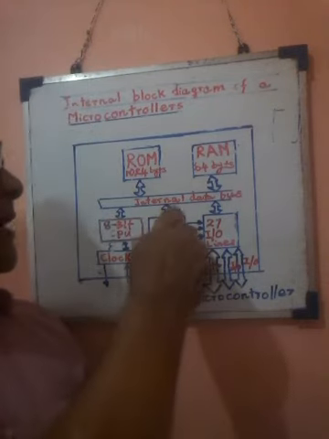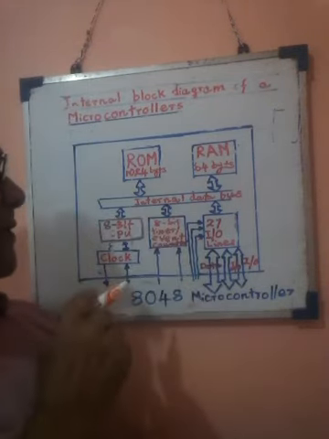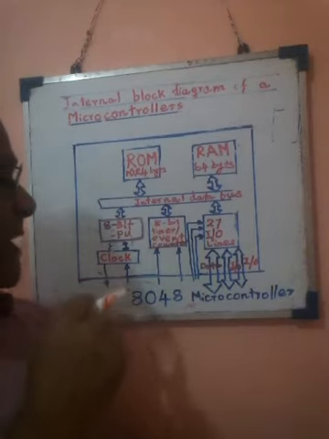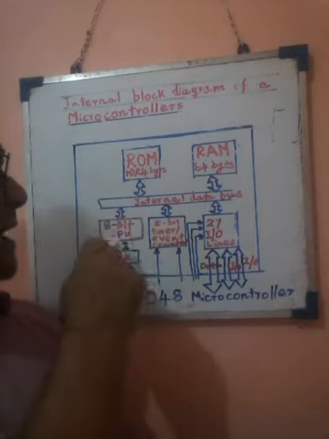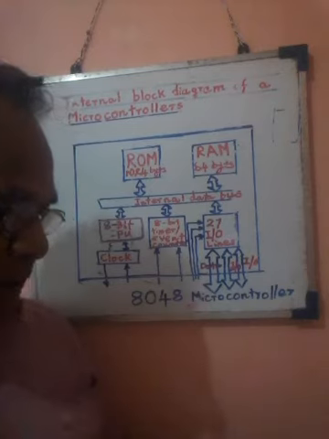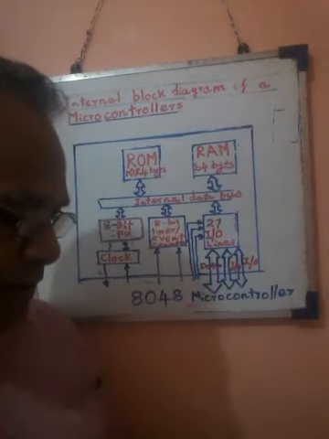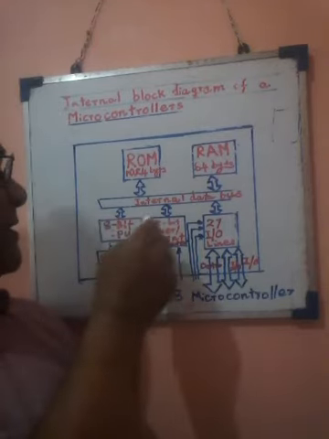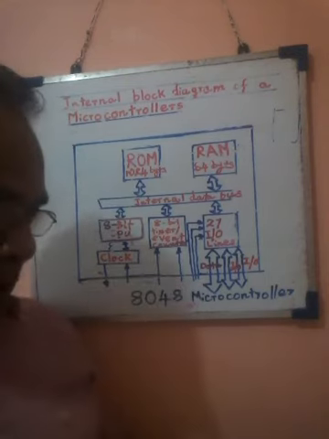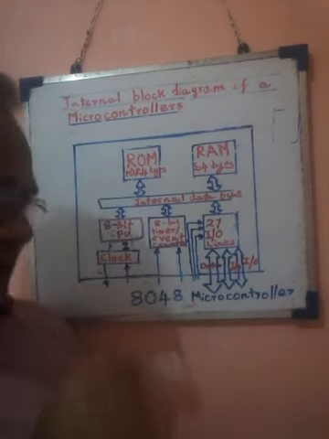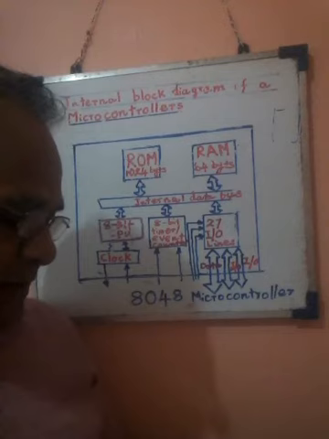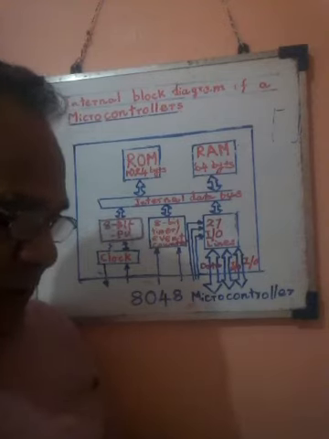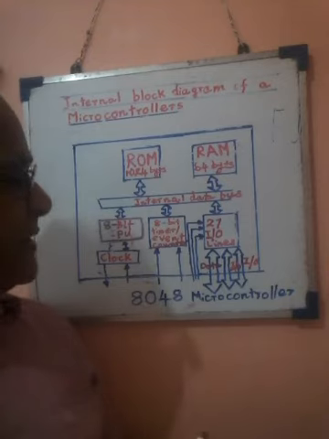I am not mentioning AD converters for the microprocessor, but some microcontrollers have AD converters, timers. Here, the timers are also mentioned in this block diagram, and an event counter is also there. Communication port, and so on. A microprocessor doesn't have these.